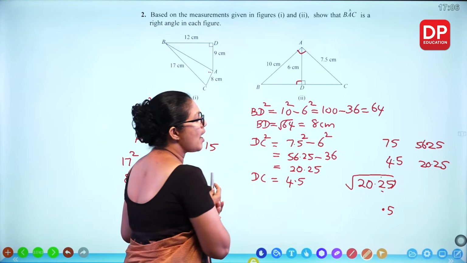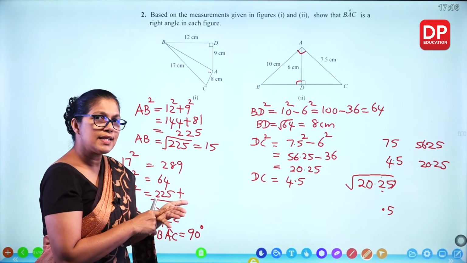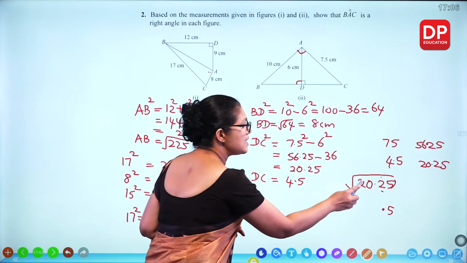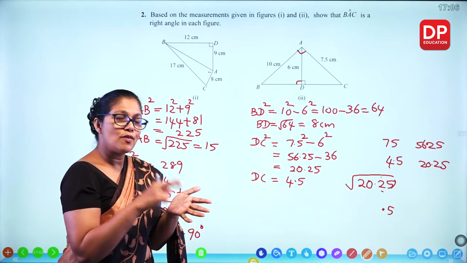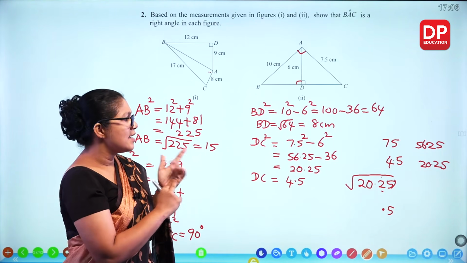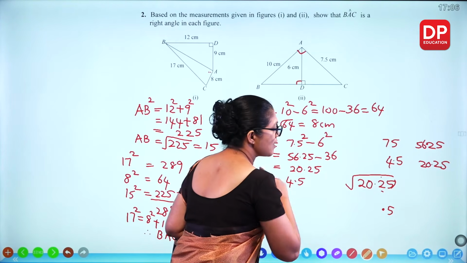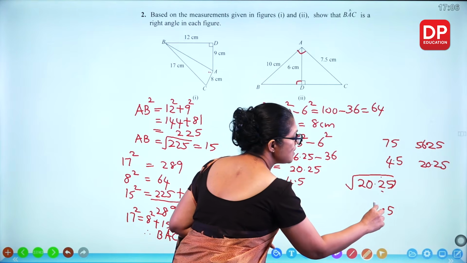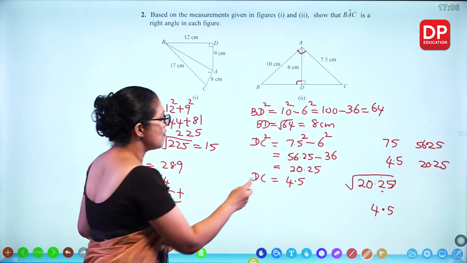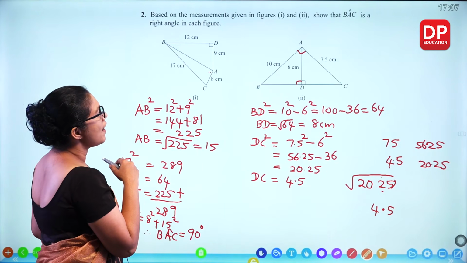Then the square root of 20: the closest values are 4 and 5, two consecutive numbers, and we take the lowest, which is 4. So the square root of 20.25 is 4.5. So DC is 4.5.